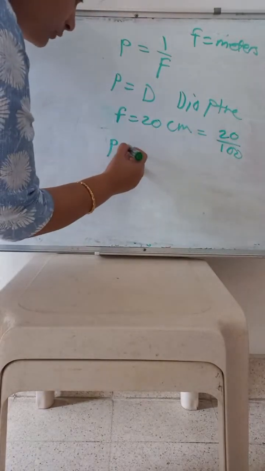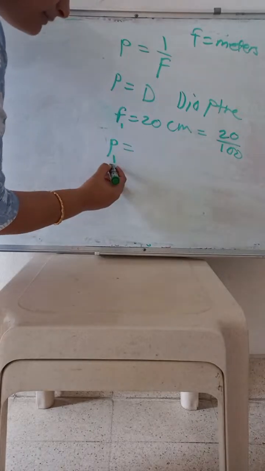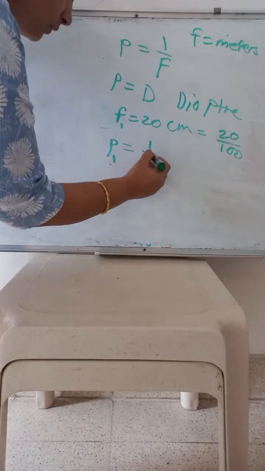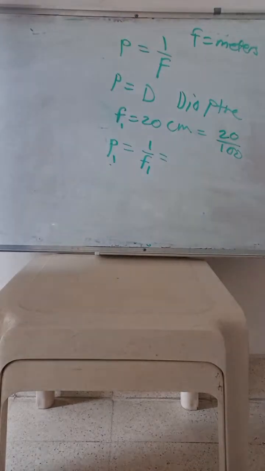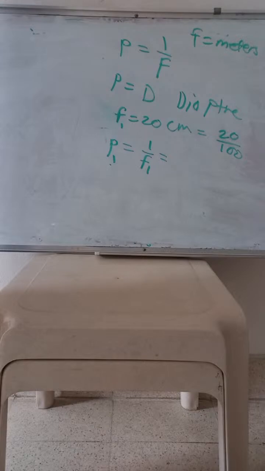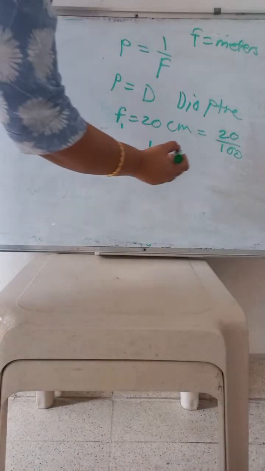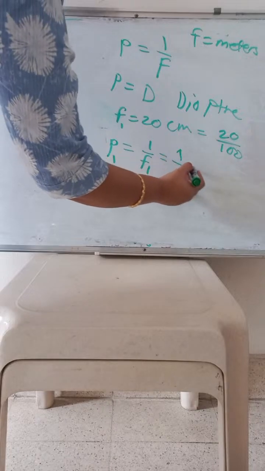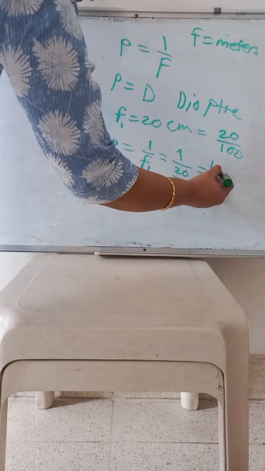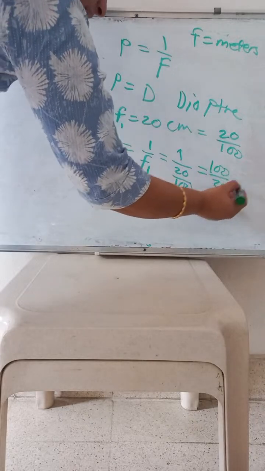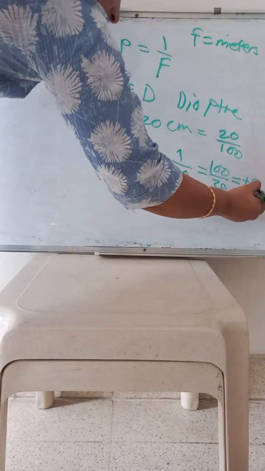Power we have to calculate. P is equal to 1 by F1. So 1 upon 20 divided by 100, that is nothing but 100 divided by 20, that is nothing but plus 5 diopter.